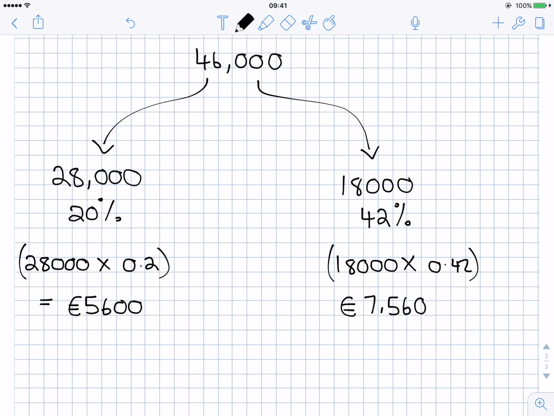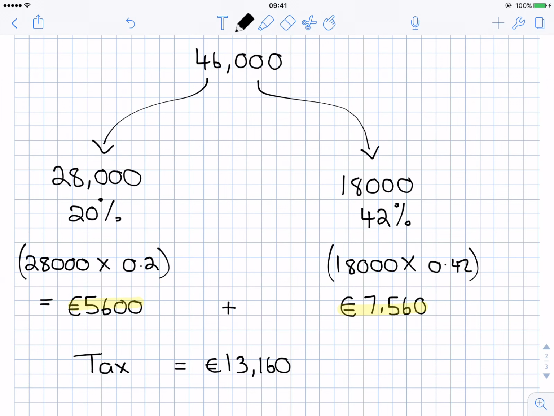So in total, her tax should be €13,160. These two added together. That's how much tax she has to pay, €13,160.